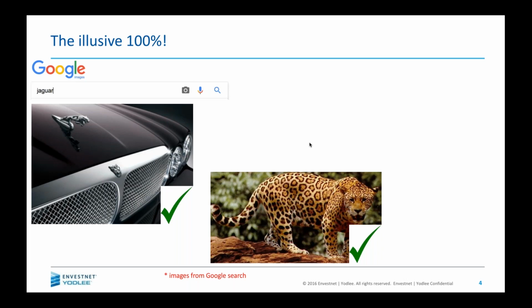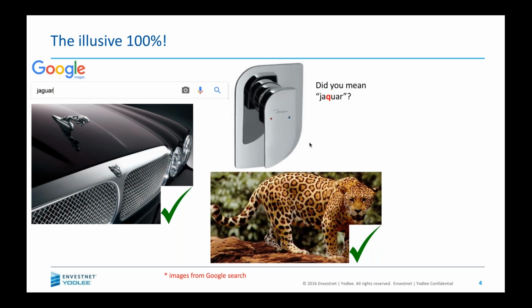But now there is a slightly non-obvious, quote unquote, error which may have happened: maybe you were really looking for this bathroom fitment, you searched with a slight spelling mistake, and you were hoping that the system will be, quote unquote, intelligent and will help you correct the question you are asking.